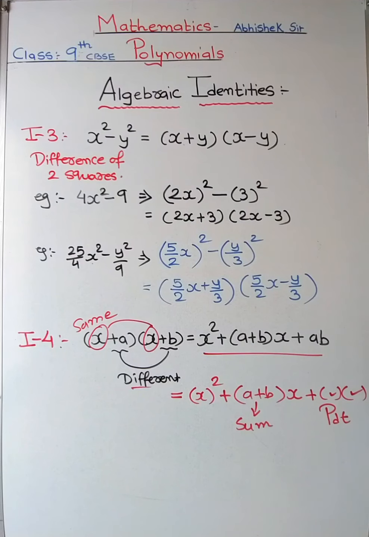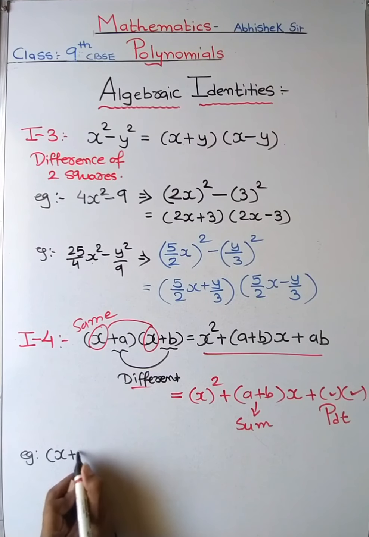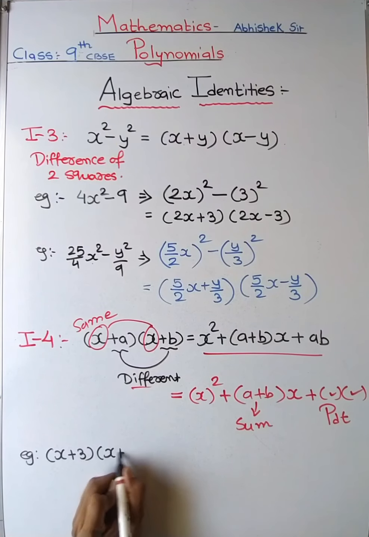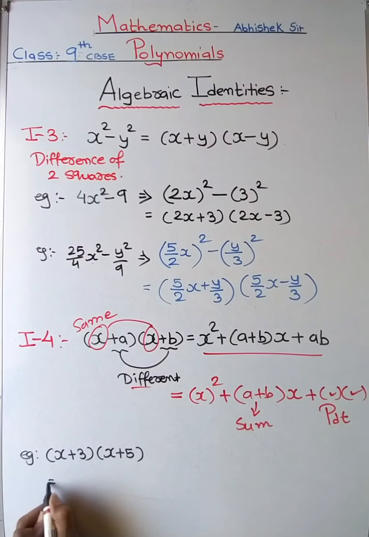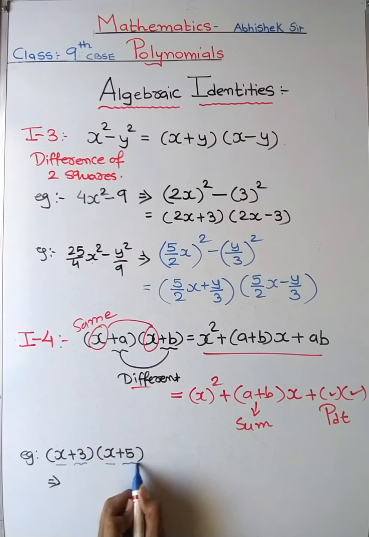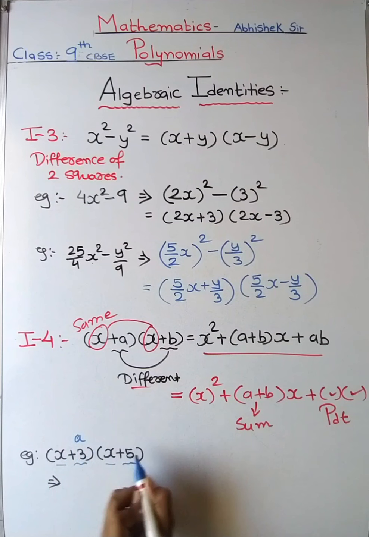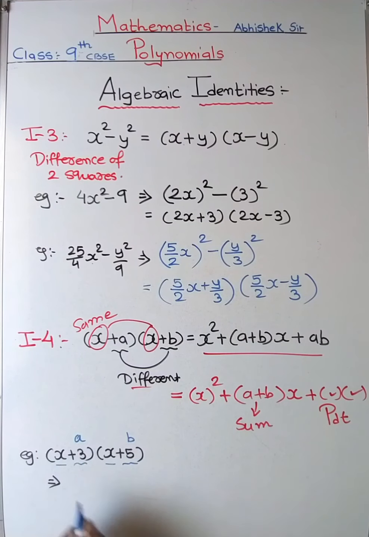Clear? So this is a specific type of example. Example, x plus 3, x plus 5. Check. How can you identify that this is identity number 4? First term is the same. Second term one number, this term another number. So it is just like x plus a, x plus b, where 3 is a, 5 is b.